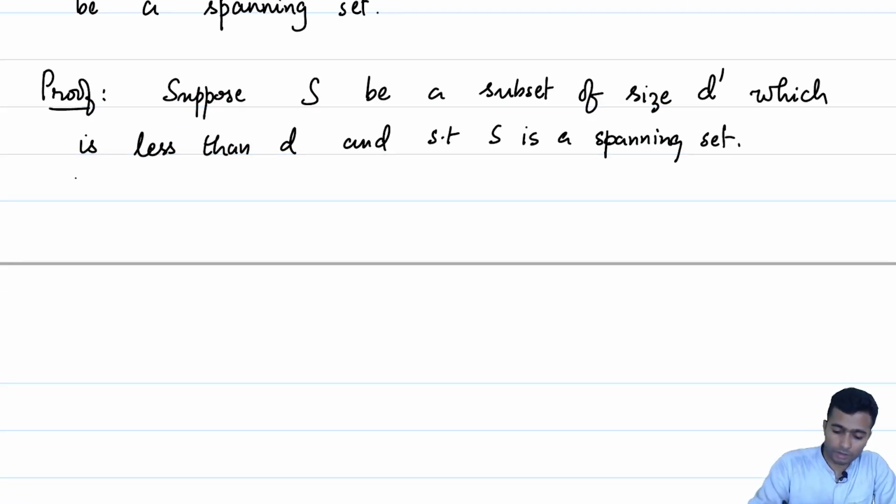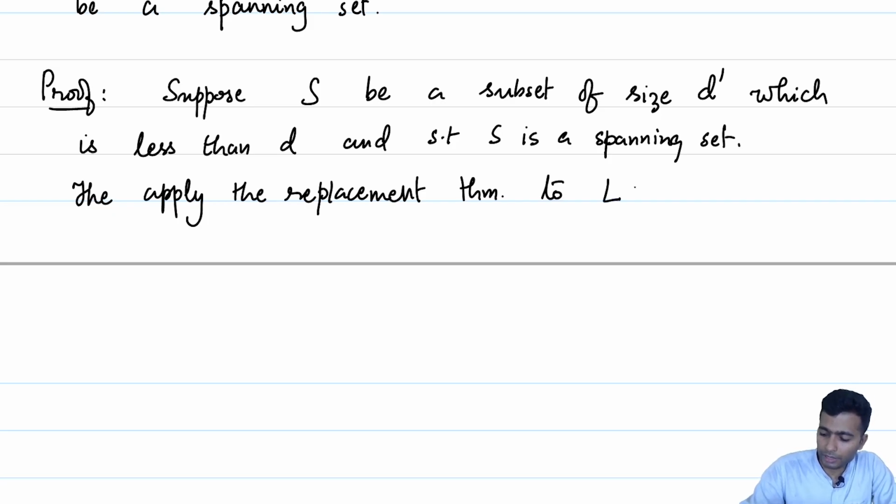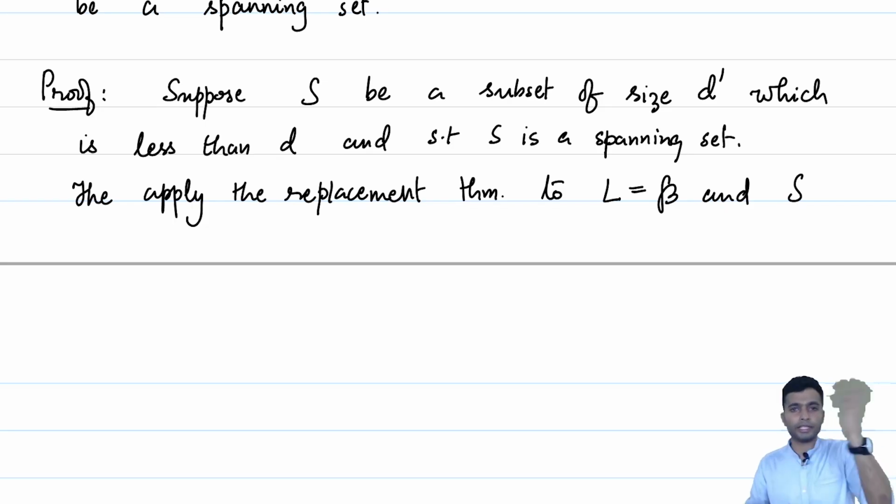Then apply the replacement theorem to L equal to beta and S equal to S. So, for the linearly independent set, take the basis beta, and the spanning set is the set S we are given.